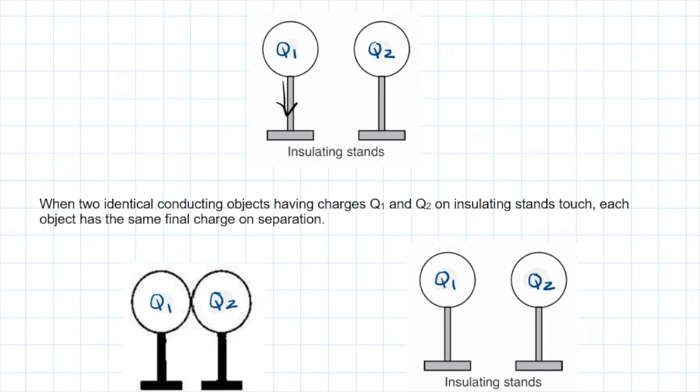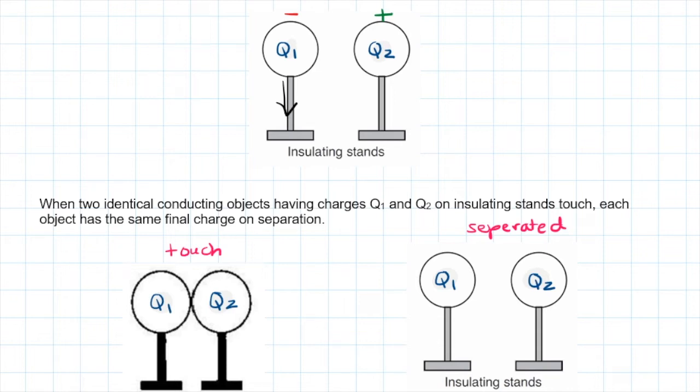We may, for example, say that Q1 has a net negative charge while Q2 has a positive charge. That is, of course, because there was a gain or loss of electrons. We then may say that the two charged spheres come into contact, so they touch, and then they are separated. And we will then ask you, what is the final charge on Q1 and Q2?